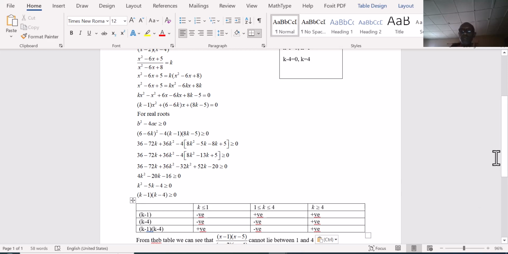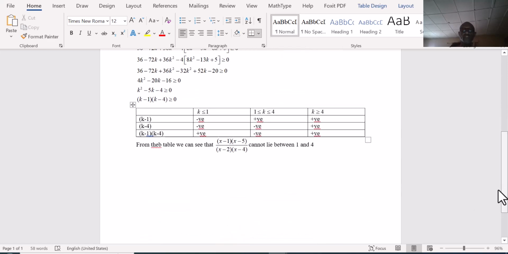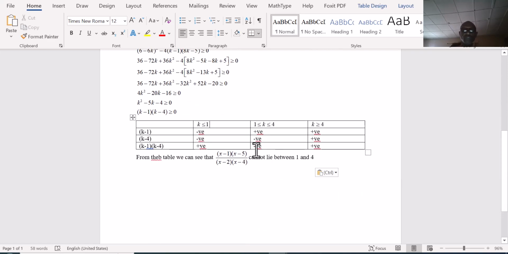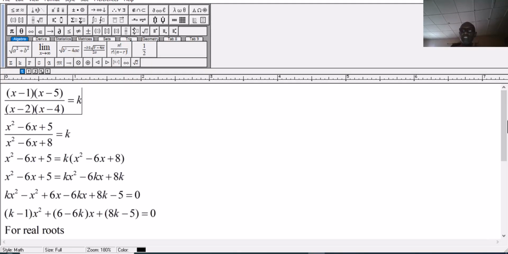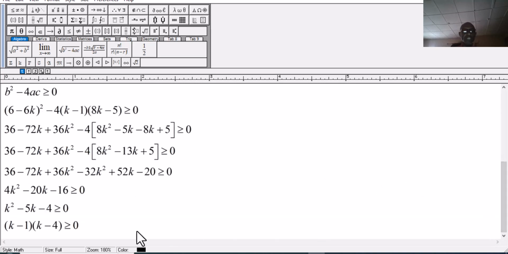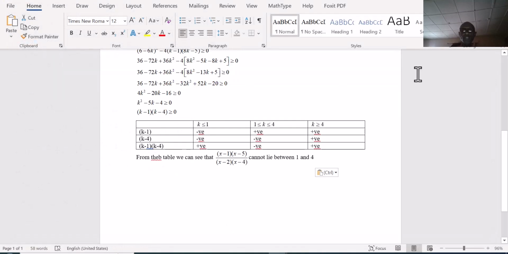So this is the first part of the question we are asked to find, because this one is giving us a negative value. That is the only time, and the question says that it should be greater than 0. From here you can see that it's supposed to be positive, and from the table we can see that this one is negative. So that's why we say that it cannot lie between 1 and 4.